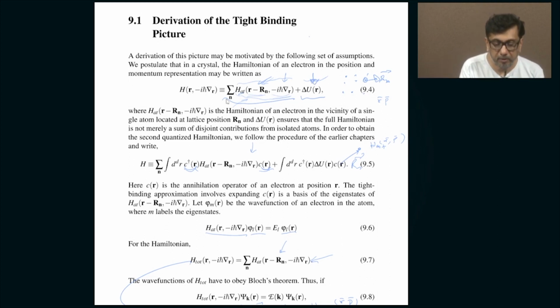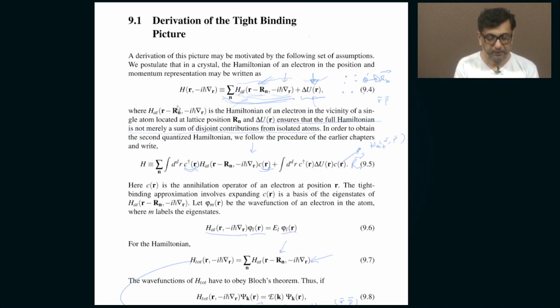It is not always that you can express the potential energy as the sum of something due to this atom and then that atom, just a linear sum. There may be something additional over and above that, which we call delta U of r. If you read this sentence, it says delta U of r ensures that the full Hamiltonian is not merely a sum of disjoint contributions from isolated atoms.